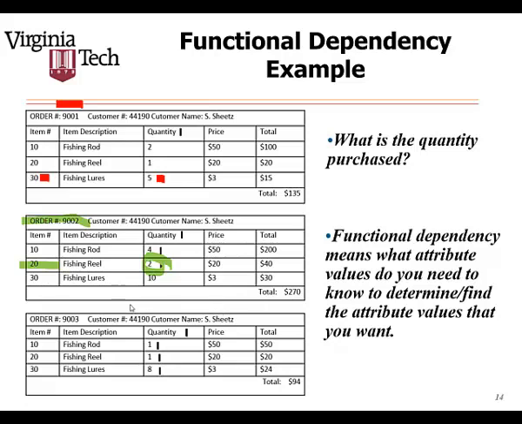If I just give you the item number is 20, then you have two different values to pick from. Is it 2 or 1? But if I tell you after that the order number is 903, you instantly find the right one. And so quantity is functionally dependent on both item number and order number.